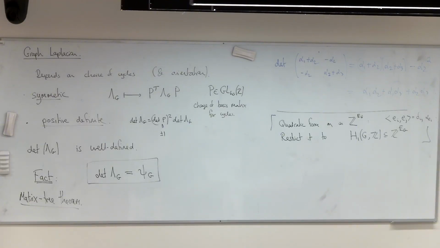So we have sort of, I don't know what to call them, asymptotic factorizations.